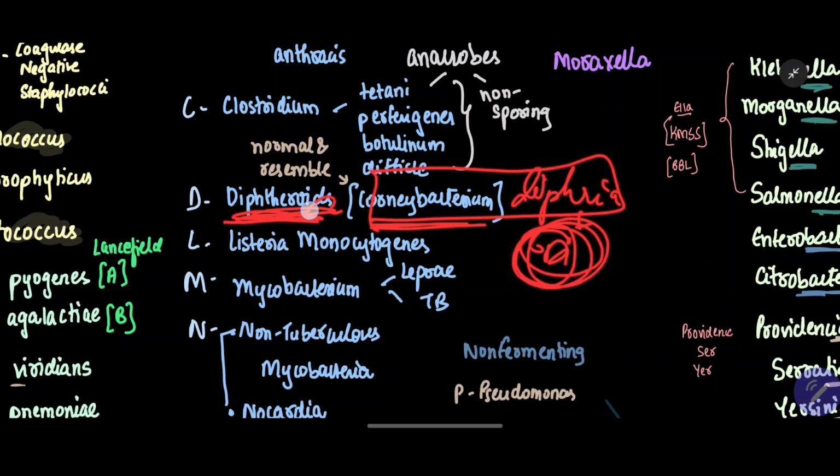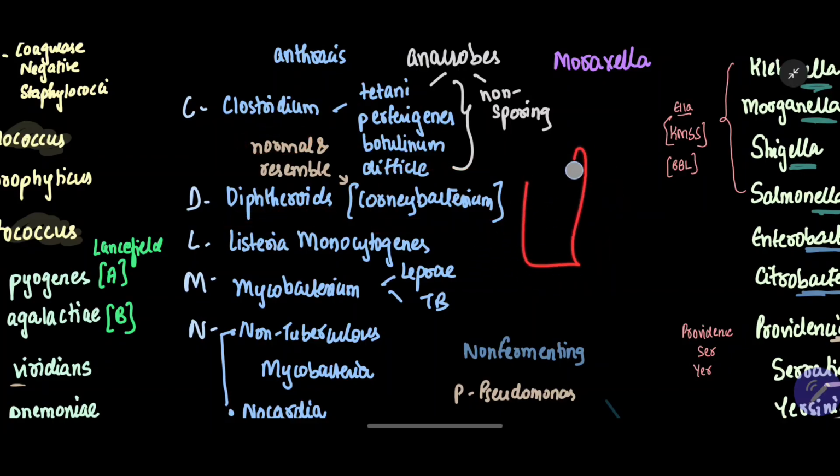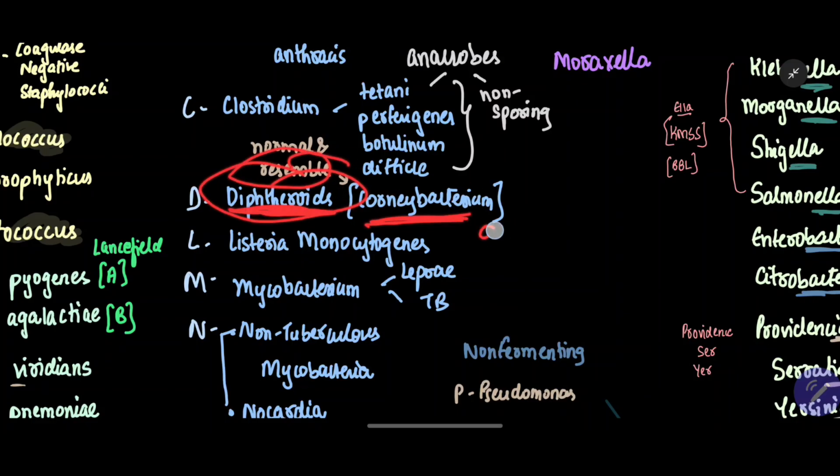Whereas your diphtheroids are your normal flora. They are present normally in your body. They do not cause any infection, but they are called diphtheroids because they resemble Corynebacterium diphtheriae. And these are also your gram positive bacilli. So diphtheroids for D, and then A, B, C, D, then L, M, N.